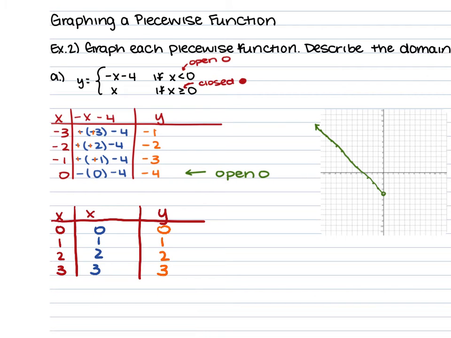So I'm going to have a closed circle on this (0, 0) because I have x is greater than or equal to. So I'm going to have a closed circle there at (0, 0). And then I'm going to go (1, 1), (2, 2), (3, 3), and then continue throughout my entire coordinate plane all the way to infinity.